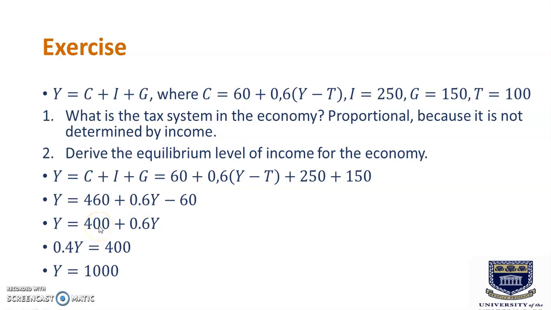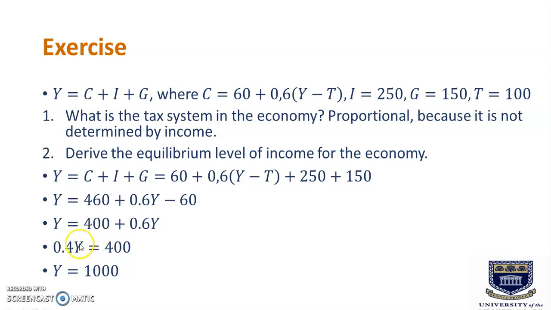Now I can take my Y over to the left-hand side. This is important to note: we don't write it, but we know that there is an invisible 1 in front of this Y. So this becomes 1Y, and when we take the other term over, it becomes minus 0.6Y. So 1Y minus 0.6Y gives you 0.4Y equal to 400.